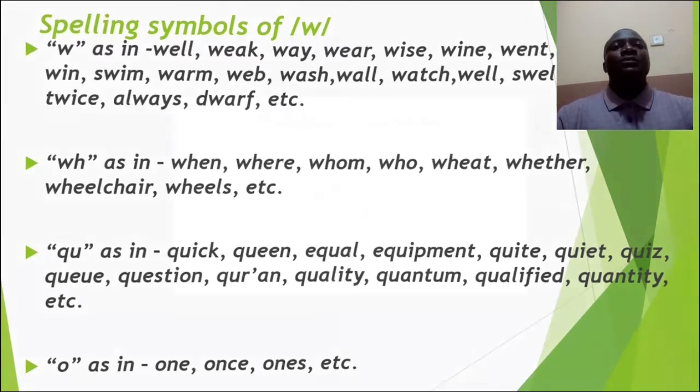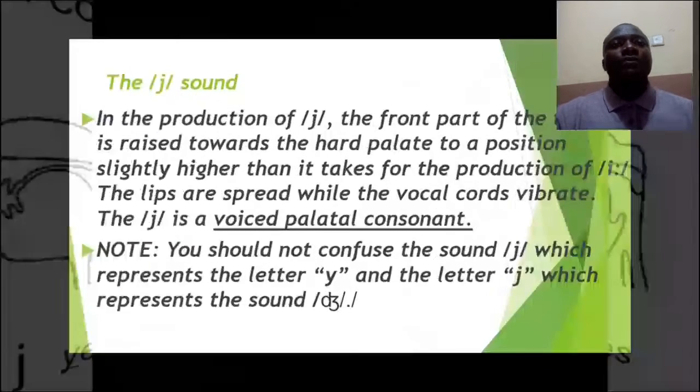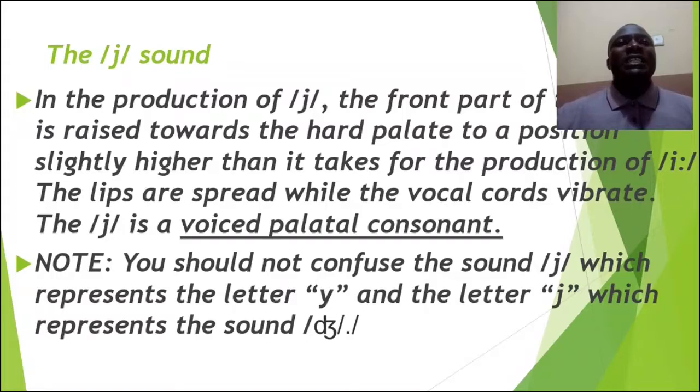Now the palatal consonant, the /j/ sound, is what we are going to be looking at. In the production of /j/, the front of the tongue is raised towards the hard palate to a position slightly higher than it takes for the production of /i/.